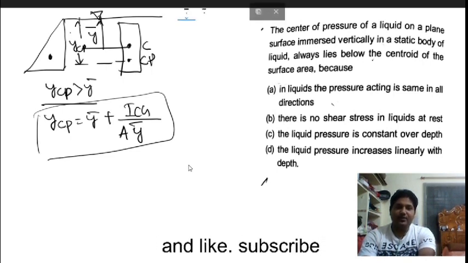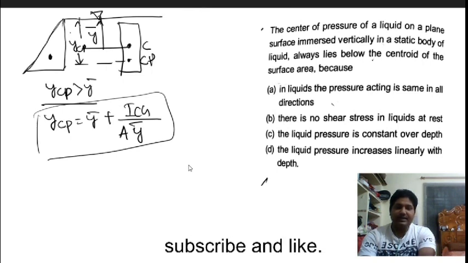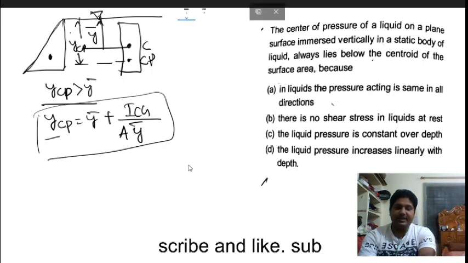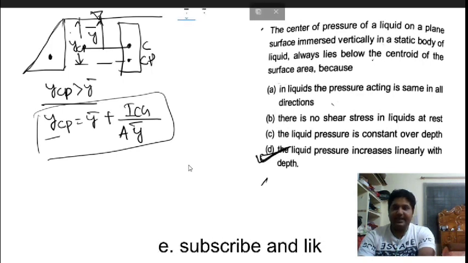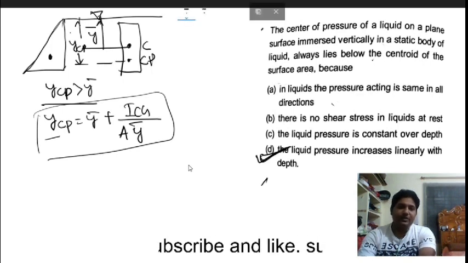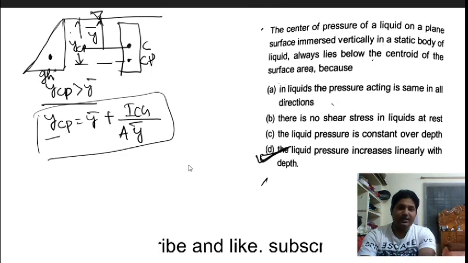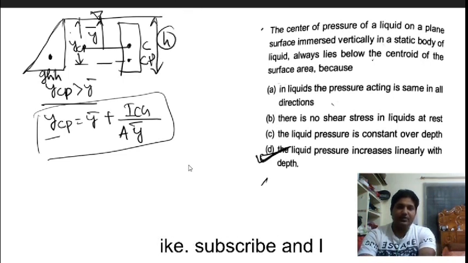As long as this pressure distribution is linear, the center of pressure will be greater than the centroid of the planar surface. So this is correct. The liquid pressure is increasing linearly with respect to depth. So this is rho g h, where this height is h. This is the pressure distribution curve, the hydrostatic pressure distribution curve.